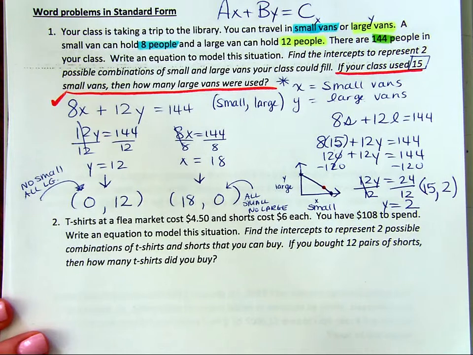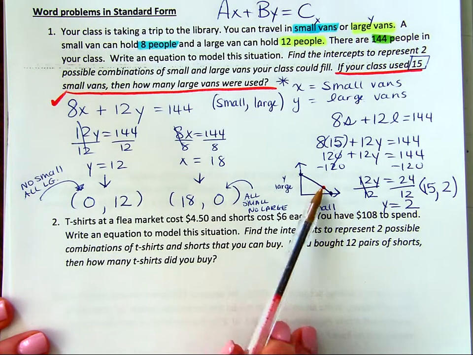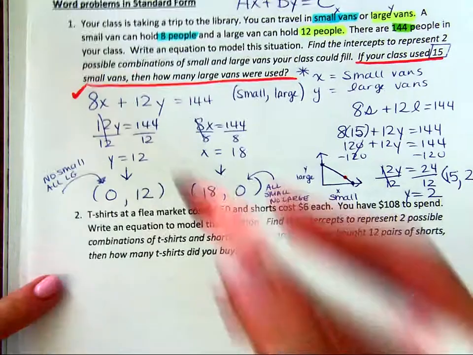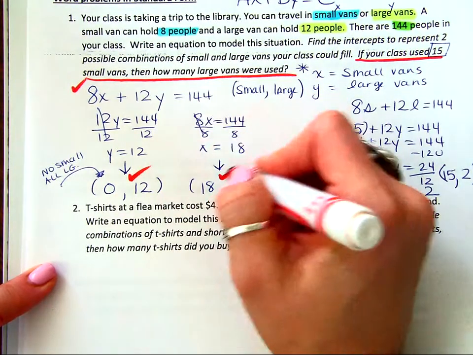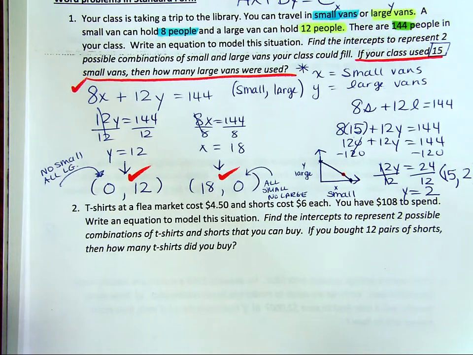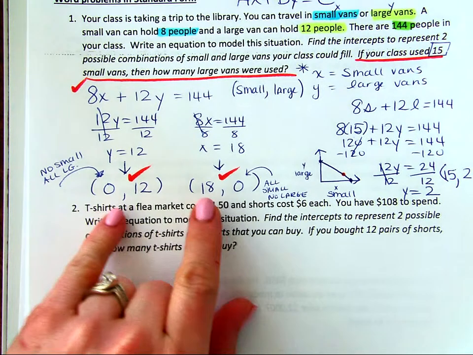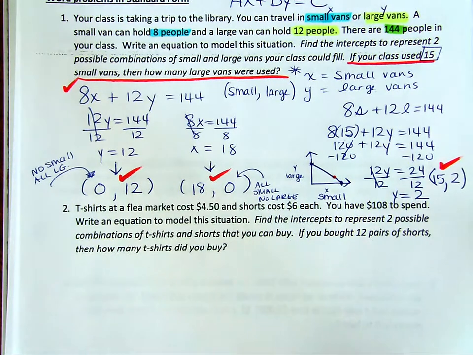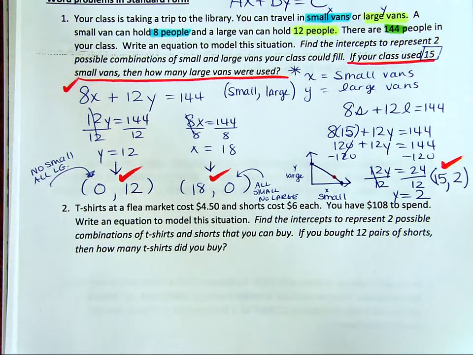So each intercept and then another point on the line. Got it? So I'm looking for your equation. These are your checkpoints that you need to make sure you have. Your ordered pairs. And really, that's it. Your checkpoint and 3 ordered pairs. Okay? Or your equation.